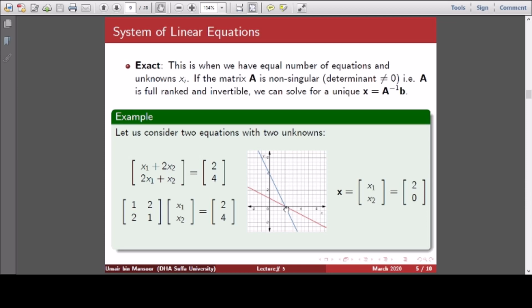So this length is the solution vector, which is represented by 2 in the X and 0 in the Y.